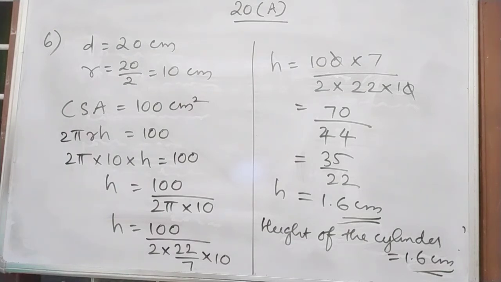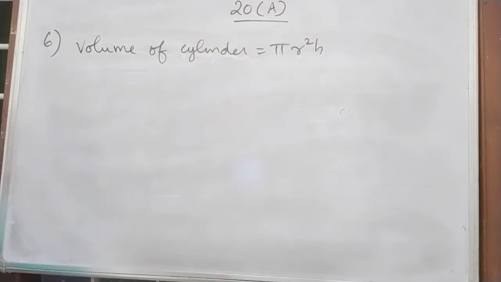Then next, what do we have to find out? The height of the cylinder we got in the first part. Then the second part is the volume of the cylinder correct to 1 decimal place. Here also 1 decimal place, like 1.6 centimeter. So the volume of the cylinder formula is pi r square h.